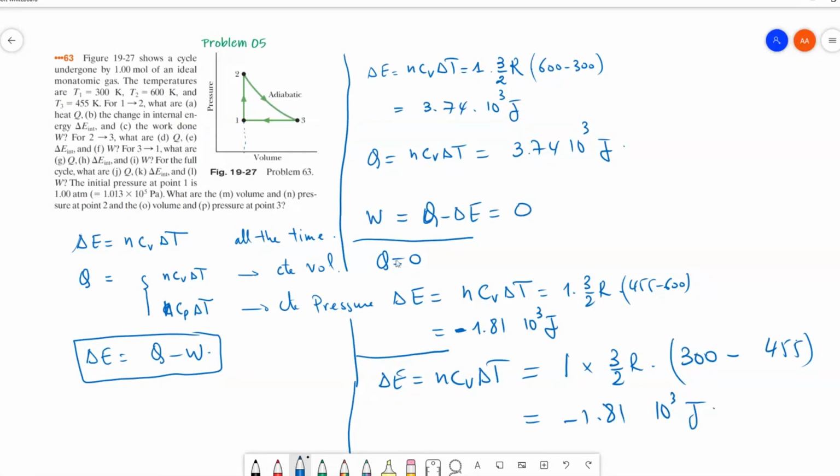Oh, sorry, we did not get W here. Here, I will write it in red. Sorry, Q equal to 0. So delta E is equal to Q minus W, which means 0 minus W is equal to delta E. From here, you deduce W equals minus delta E, and it's equal to plus 1.81 kilojoule.